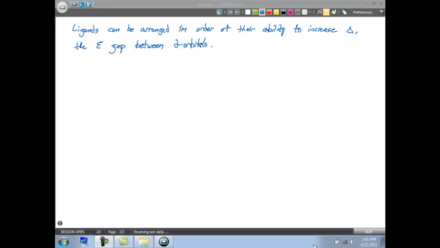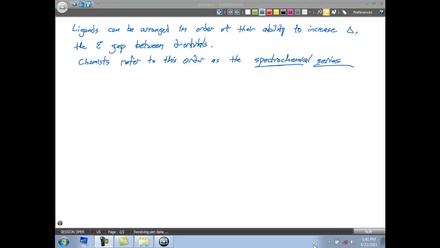Chemists refer to this order as the spectrochemical series.